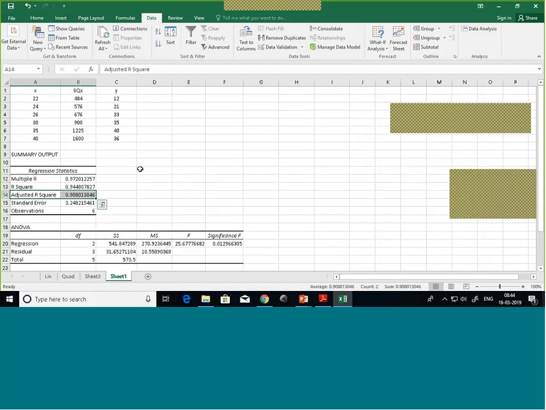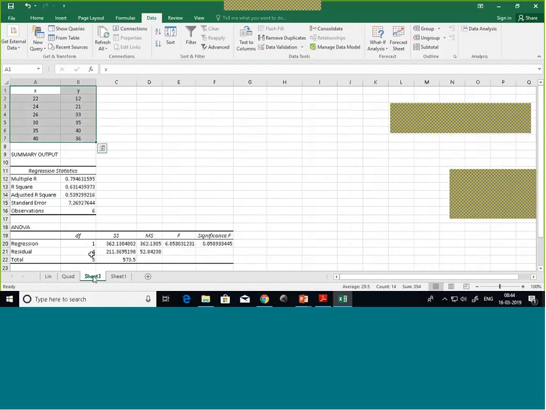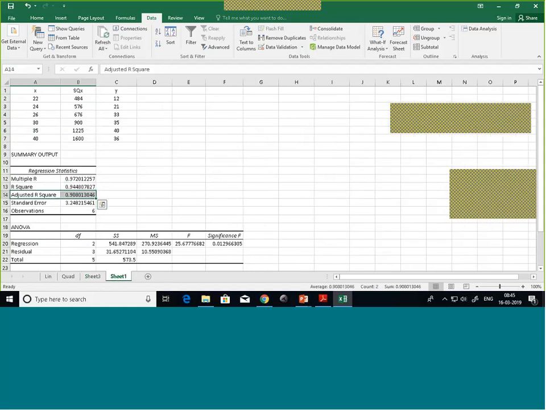If you take this type of model as B0 plus B1x plus B2x, whereas if you go to the previous one, only the B0 plus B1x model, the R square is how much? 63% only satisfying the equation, whereas here 91% satisfying the equation, means 91% of the data fits the equation.